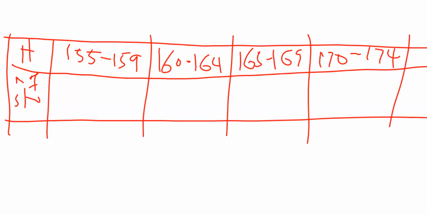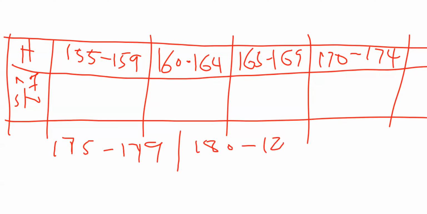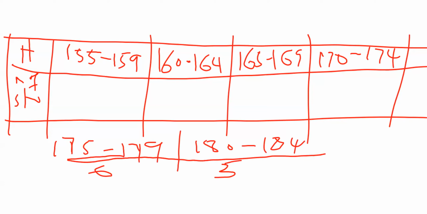The next one is 175 to 179. The next group is 180 to 184. Our frequency here is 3, no, sorry, this is 5. Frequency there is 5. This one is 6. This one is a continuation of what we have from that side.